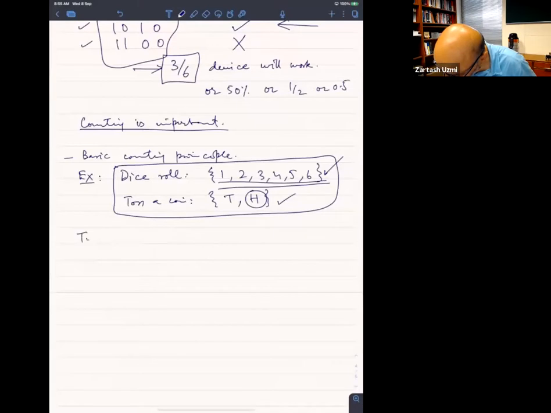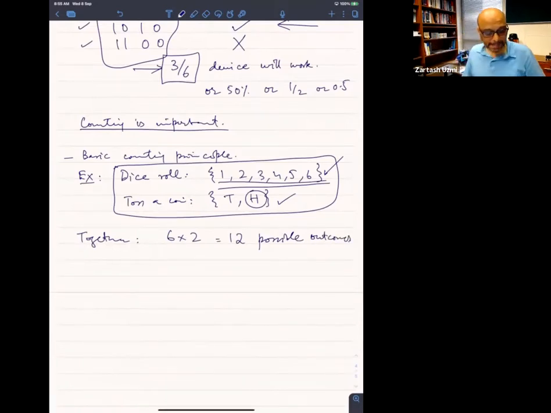So together 6 times 2 or 2 times 6 is equal to 12 possible outcomes. Does that make sense?